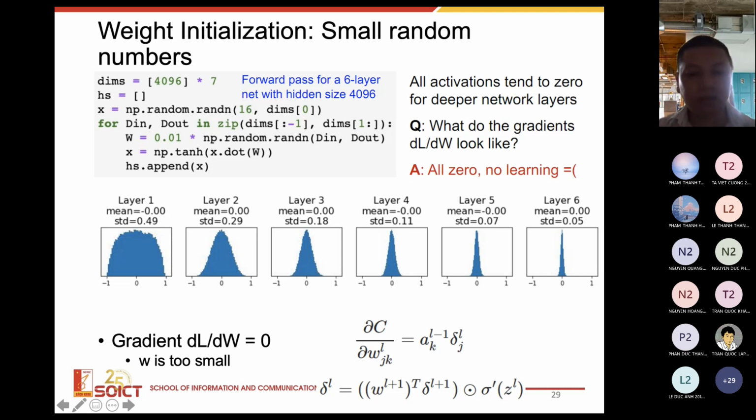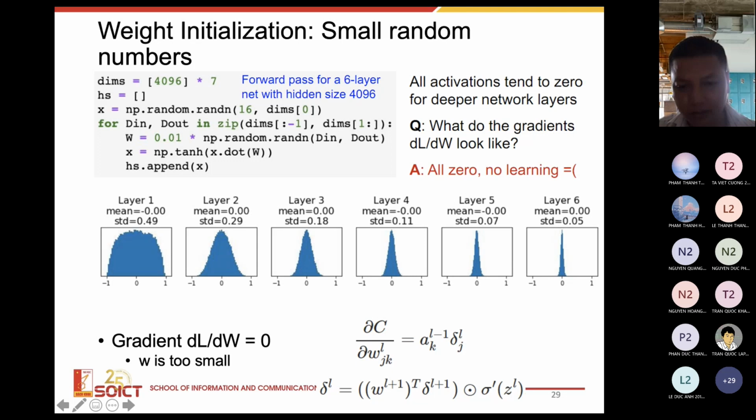And for this, what is the problem? How about the gradient? The gradient is calculated this way, right? This is the gradient of a specific weight.